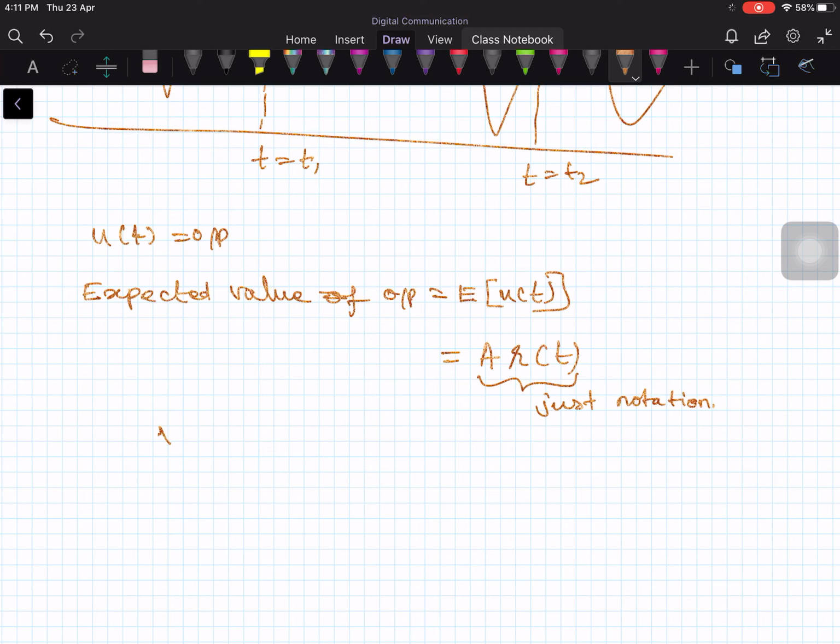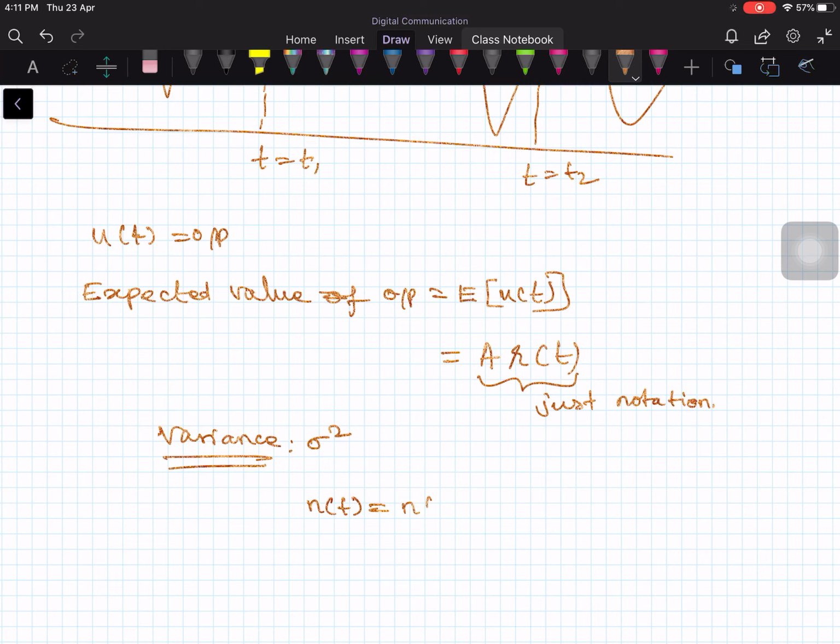What about the variance? Variance is denoted by sigma square. I already talked about this in one of the lectures: the noise n of t is conveniently represented in complex representation.